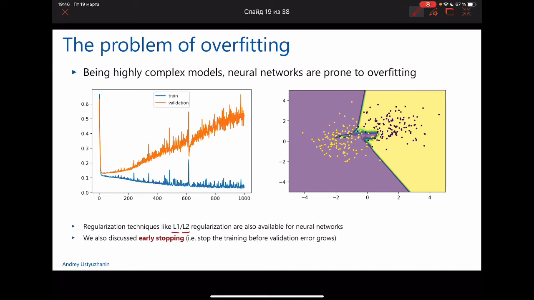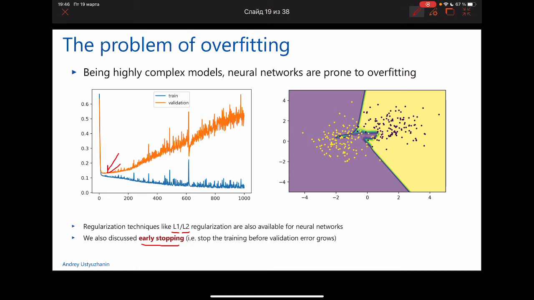Another method for preventing overfitting is called early stopping. It means that we demand that the training stops as soon as validation error starts to increase.